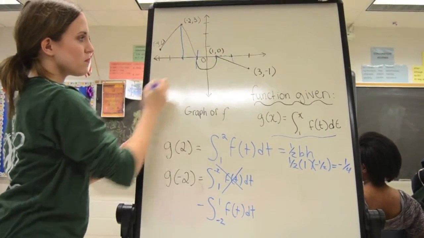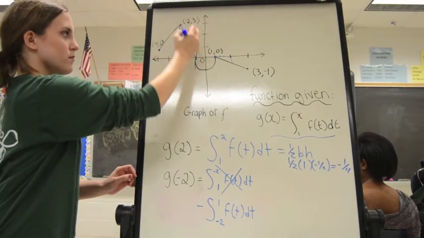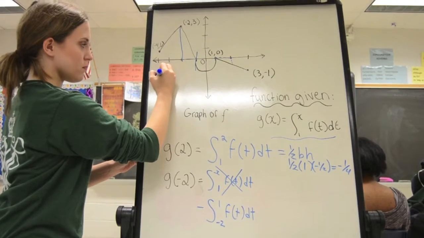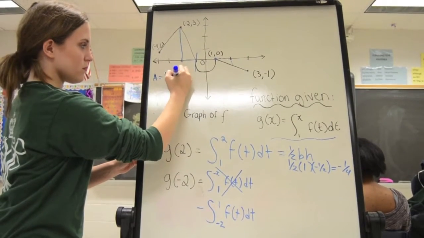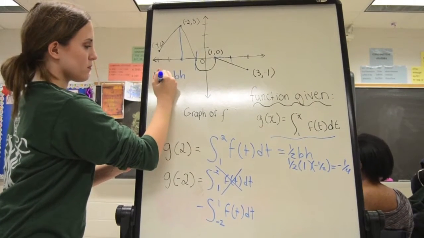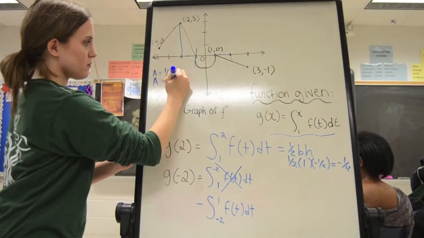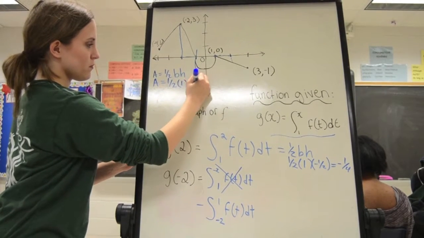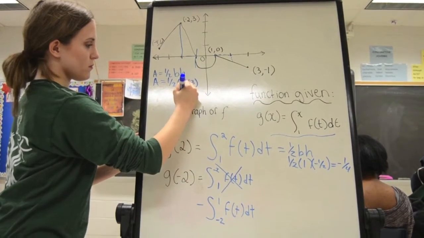Pause the video and try it on your own. As you can see, this gives us 1/2 times 1 times 3, which equals 3/2.